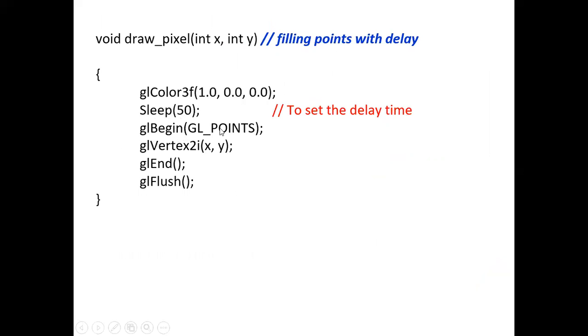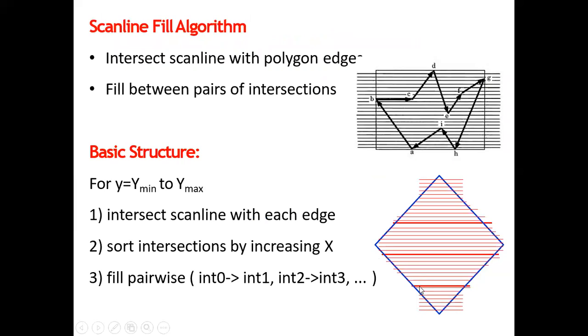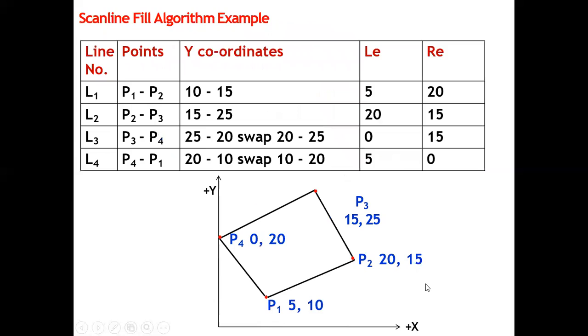Next, glBegin, GL_POINTS. glBegin is the function. How am I filling my polygon? I'm filling my polygon pixel by pixel. You have to remember that we are trying to find the intersecting edges in this particular program, and once we find the intersecting edges, from the left intersection to the right intersection, we are trying to fill the polygon pixel by pixel.